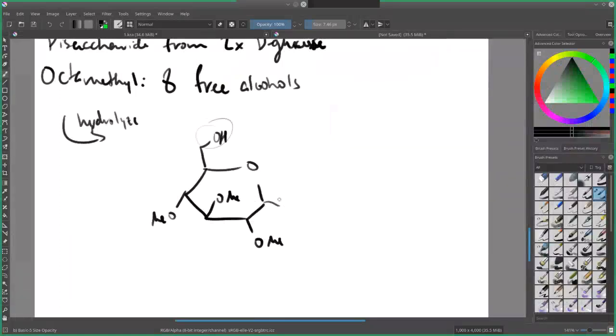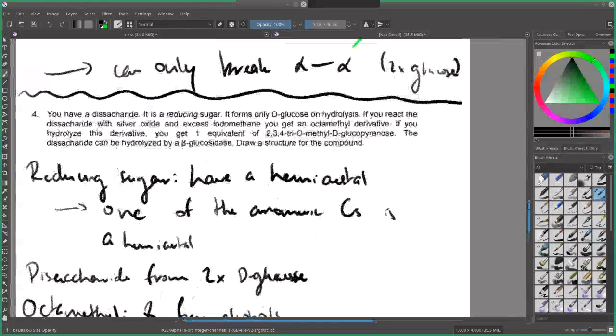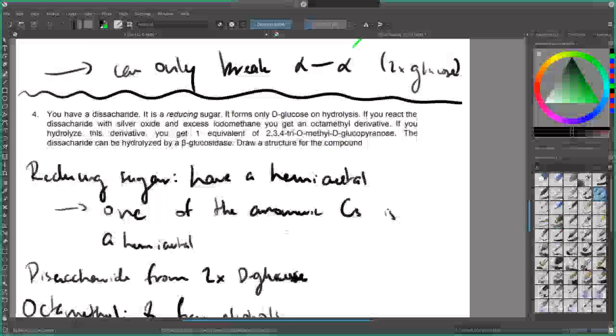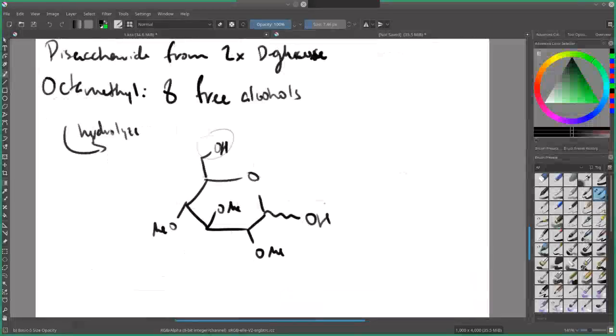So over here we get an OH that's hanging around. And we're not worried about this OH because this will be the one that presumably we can reduce. The fact that this OH up here is not methylated is kind of the interesting part.